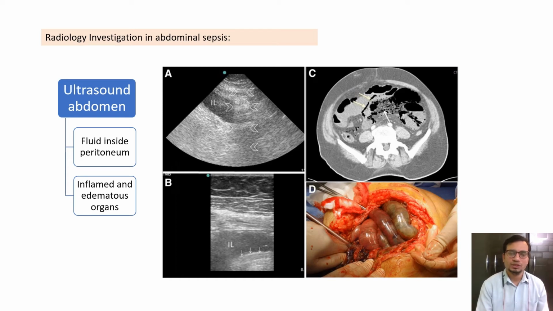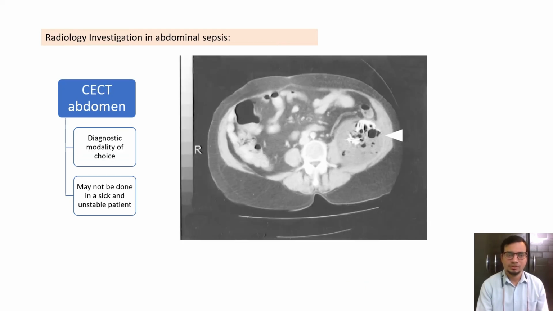It will show fluid inside the peritoneum, and if you could take out that fluid, that will help you to diagnose whether this is a perforation or not, and what kind of fluid it is, whether this is a transudate or exudate, and you would be able to see on ultrasound inflamed and edematous organs and characterize them, and then that will lead to further investigation, that is CT scan. So then you do either plain CT scan or contrast enhanced depending upon the kidney situation.